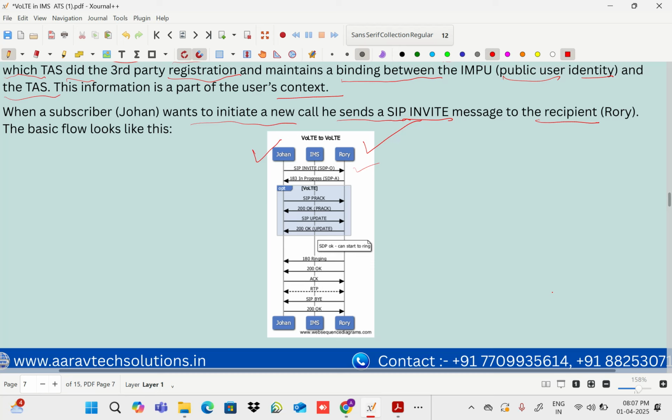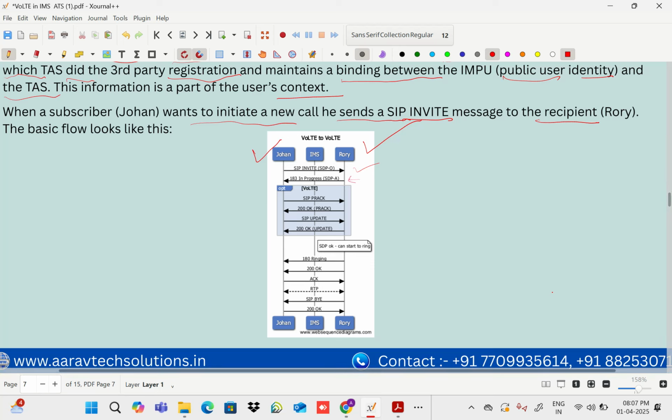SDP is the Session Description Protocol. It's related to media capability, related to codecs, which codec John is offering. And on behalf of this, Rory is sending a 183 message.